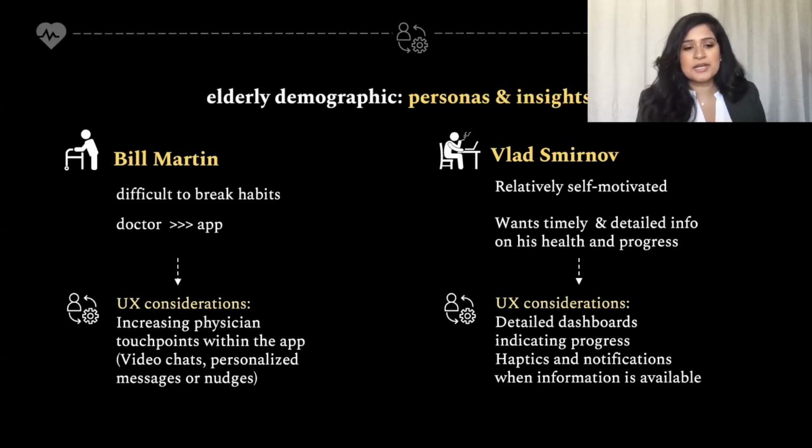For someone like Bill, his habits are really difficult to break. And so he would much rather take advice from a human, specifically his doctor, rather than being told by an app or some sort of wearable that he needs to exercise or get his diet together. So for someone like Bill, when we design applications from a UX point of view, we want to make sure that we're increasing physician touch points within the app.